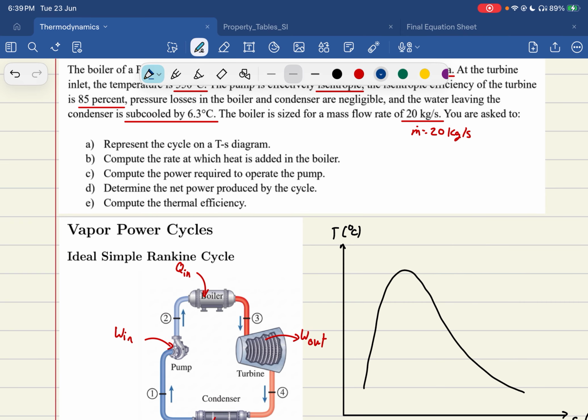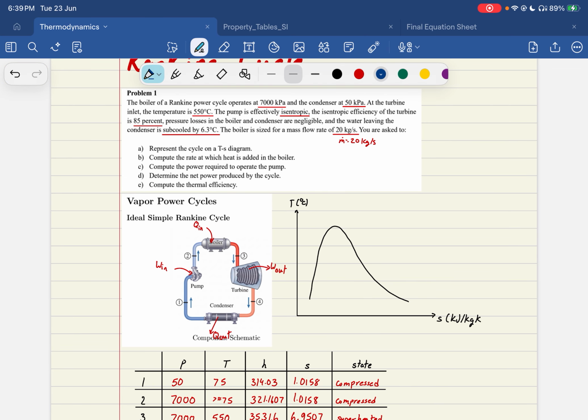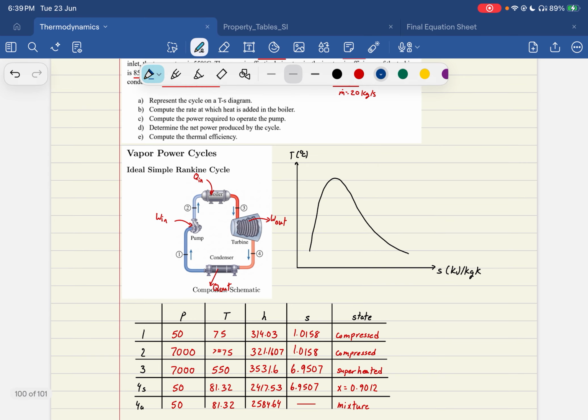And then it says determine the net power produced by the cycle. So we found work out.